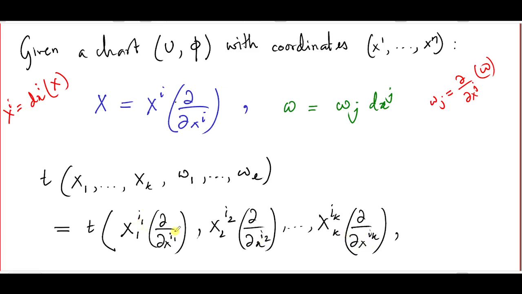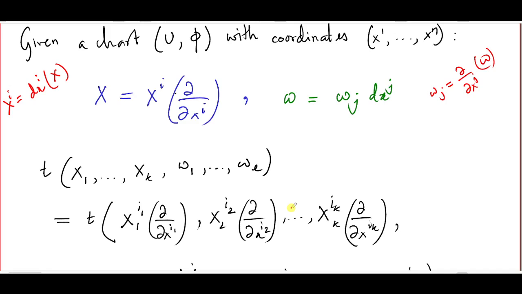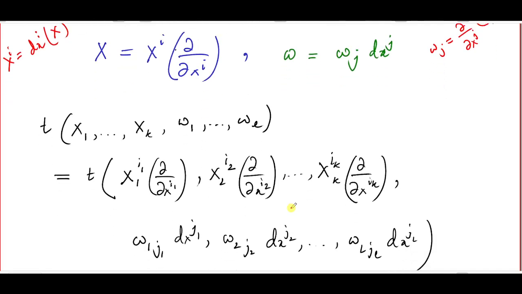Note that you have to write i1, i2, etc., different indices for each one of them just to ensure that the dummy indices are regarded as separate indices and not mixed up together. Now these are only for the vector fields. You have to do the same also for the covector fields. Omega_1 is omega_{1 j1} dx^{j1}. Omega_2 is omega_{2 j2} dx^{j2}. And omega_l, the final one, is omega_{l jl} dx^{jl}.